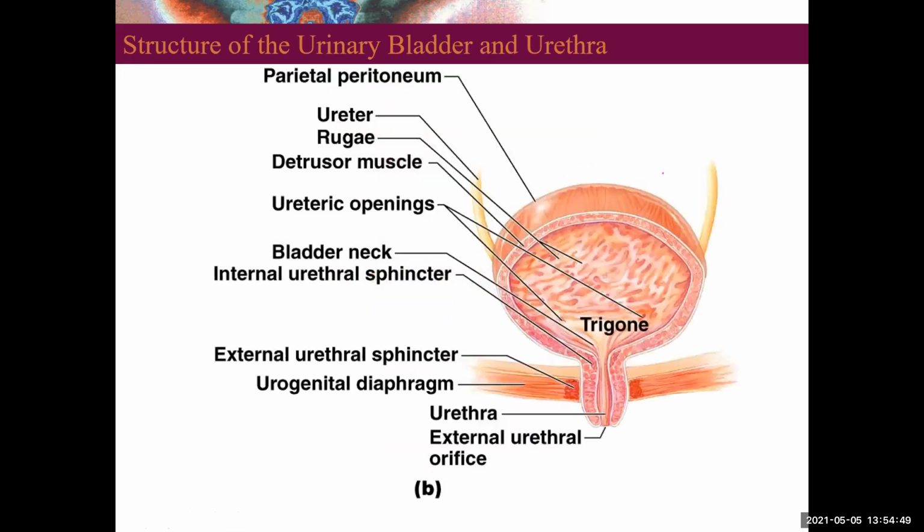Okay. This is the female urinary bladder and urethra. You can see how small the female urethra is. That's why the chance of urinary tract infection in females is very high, because females have a small urethra, and the opening of the urethra is near the opening of the anus and the vaginal opening.